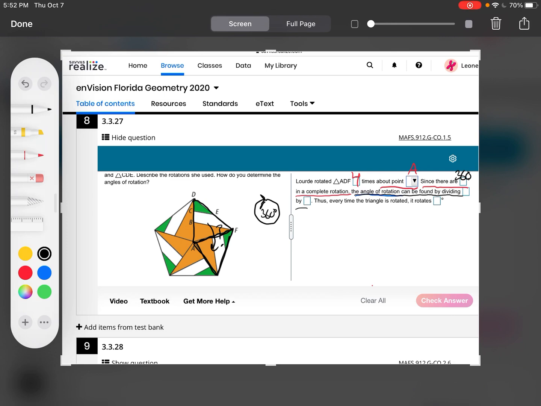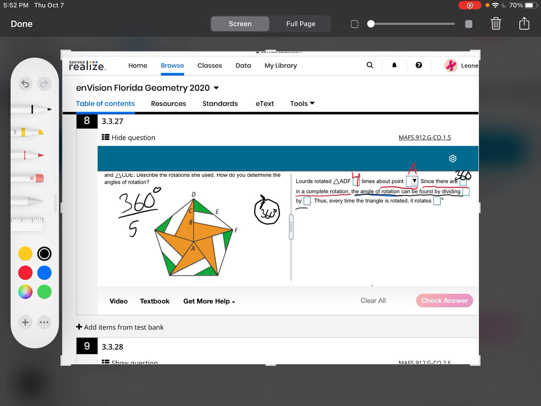So what they want you to realize is that it's being rotated the same amount every single time. And there's a total of 360 degrees around. So if you divide 360 degrees all the way around by the number of triangles that you see, which is 5, then that tells you how many degrees it took to rotate around to each one.